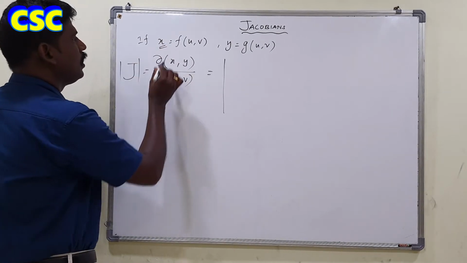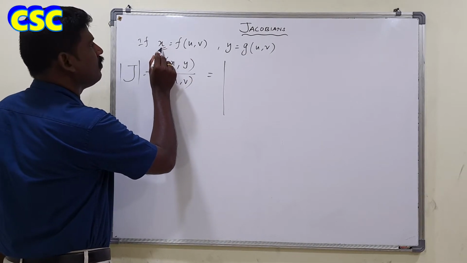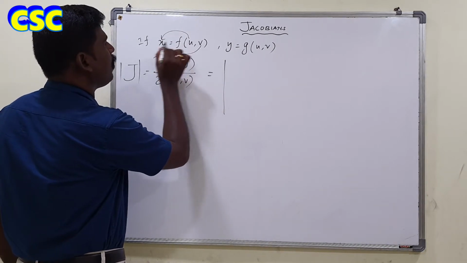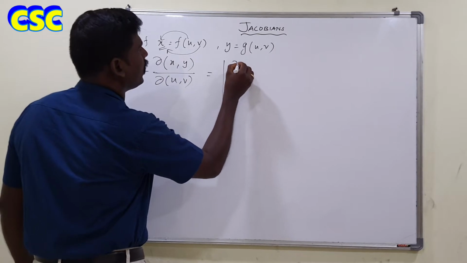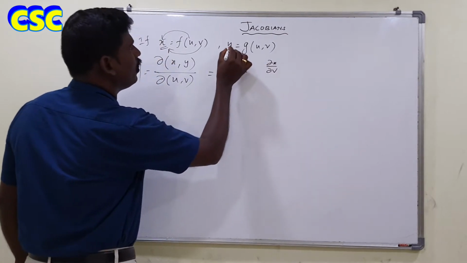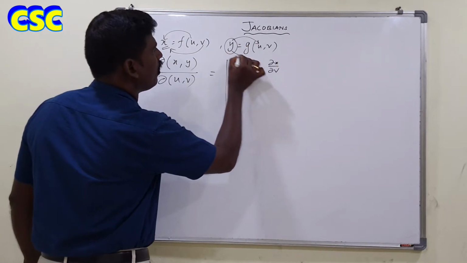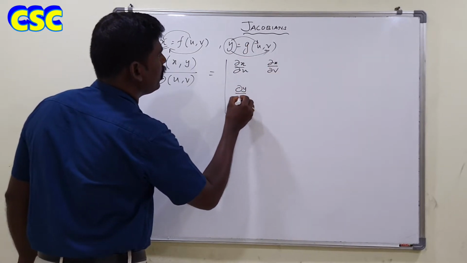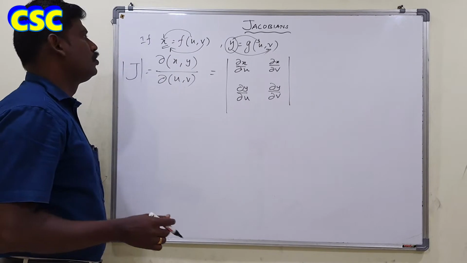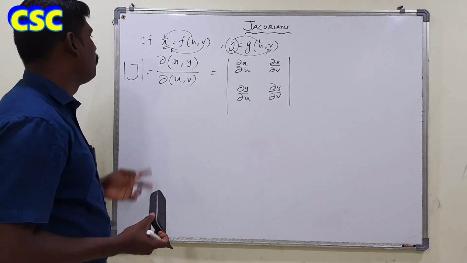Here x is a function of u comma v, so we take the partial derivative of x with respect to u and with respect to v: dou x by dou u and dou x by dou v. Similarly, y is a combination of u and v, so we write dou y by dou u and dou y by dou v. The determinant value of these partial derivatives is nothing but the Jacobian.